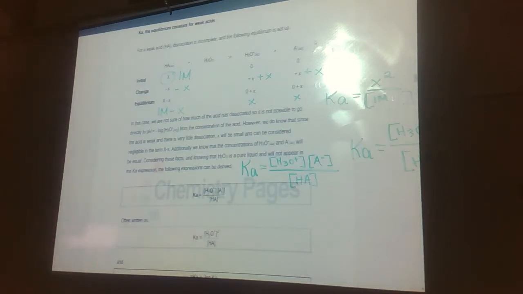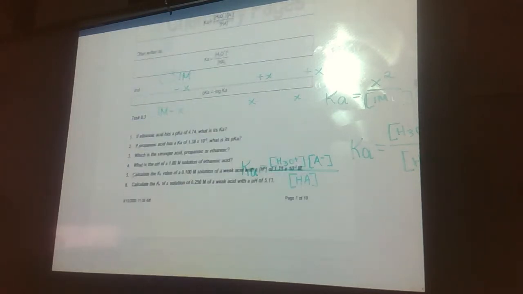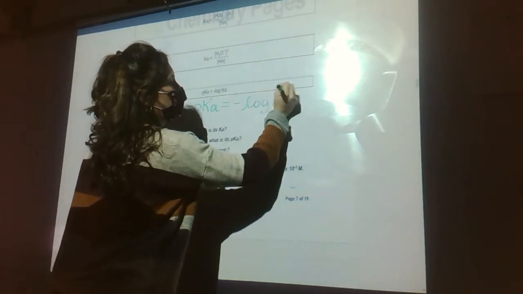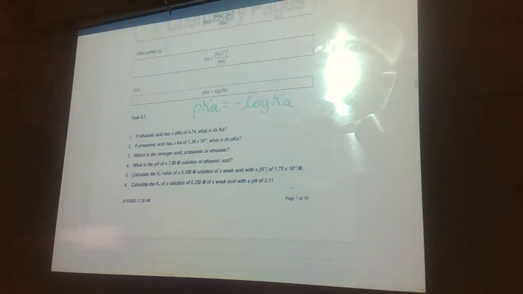Okay. Something else that you might be asked to do for a weak acid is to find the pKa, which is similar to the pH. But you take the negative log of the Ka for that acid, and it gives you a sense of the strength of the acid.